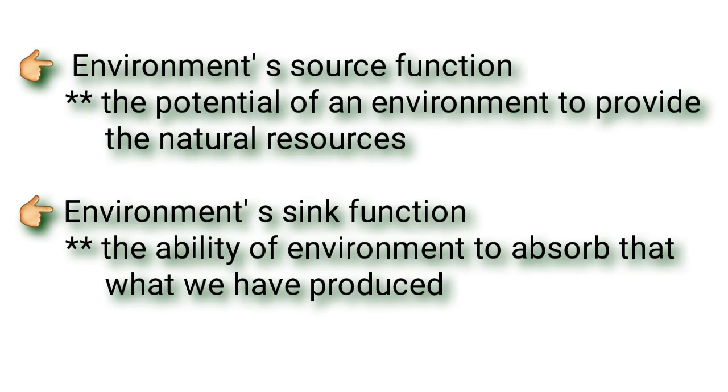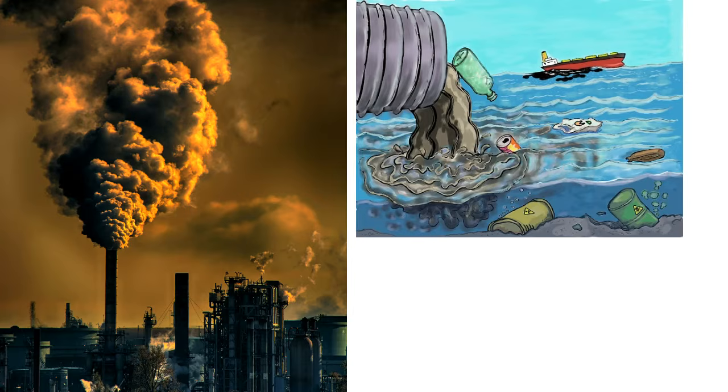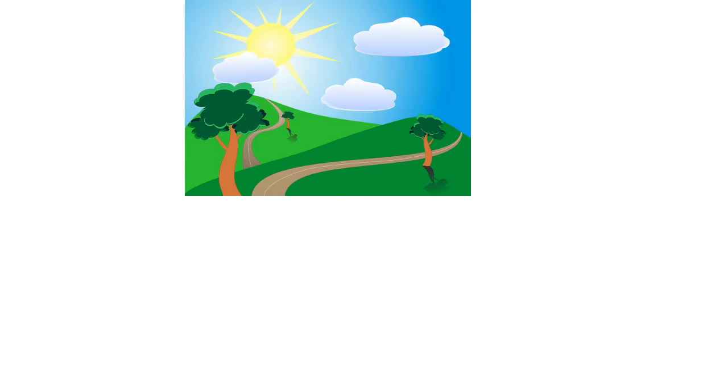The environment has some limits to its ability or capacity. If we produce pollution and wastage on a large scale, it's not possible for the environment to absorb or clean them. So the environment can't do its duty properly because it has some limits. It can't do beyond its limits.